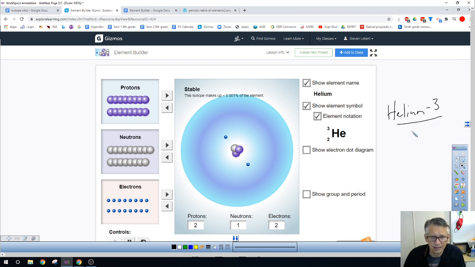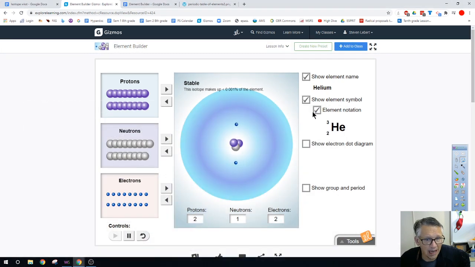So this is considered isotope notation, and this is considered elemental notation, or a lot of times we call it isotope notation, because that is going to tell us how many neutrons it has by its atomic mass.